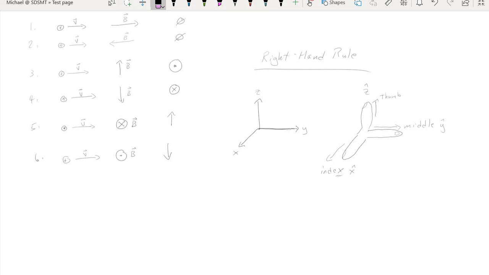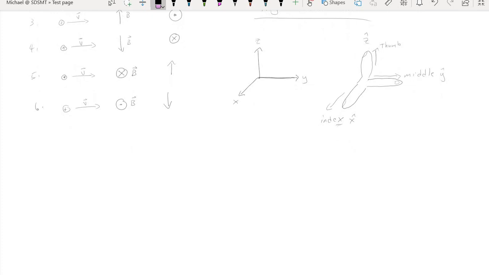No matter how you rotate your hand, your index finger will always be the x-axis, your middle finger will always be the y-axis, your thumb will always be the z-axis. So that's the first part about the right hand rule.